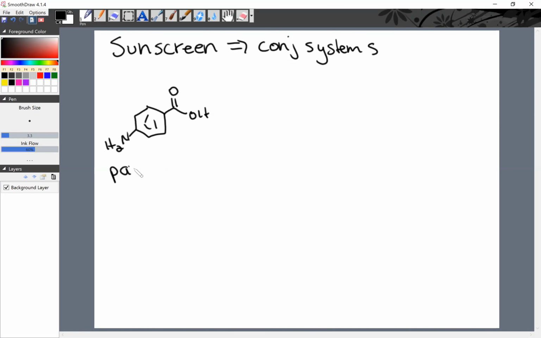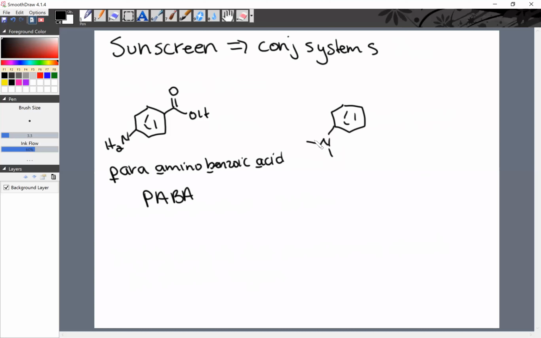So para-amino benzoic acid, PABA. And then another synthesized one just has a variation on a theme. It has 2 methyls on my nitrogen.